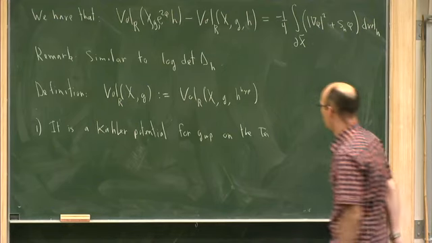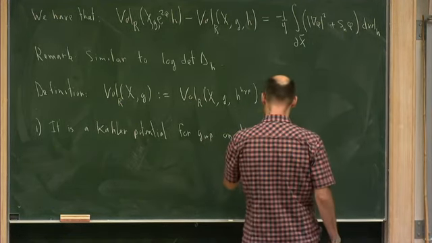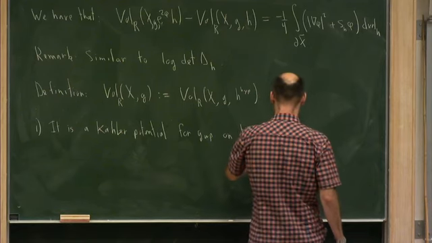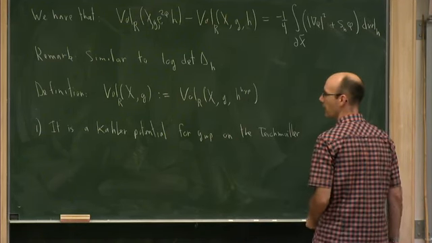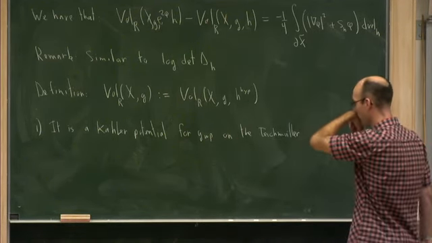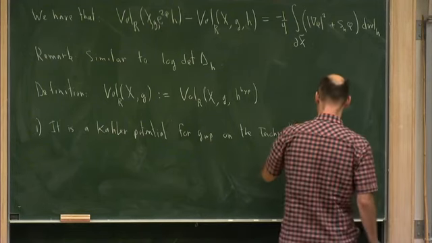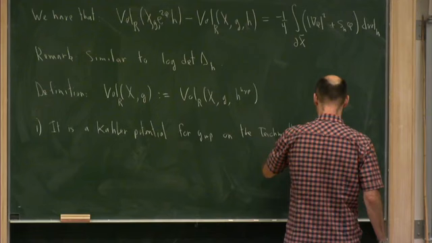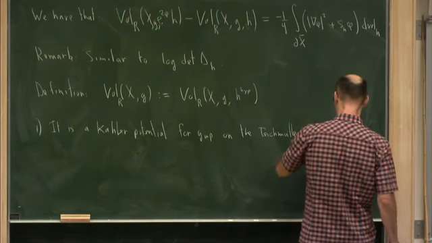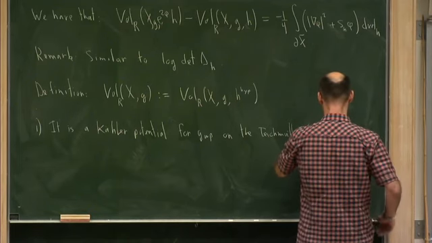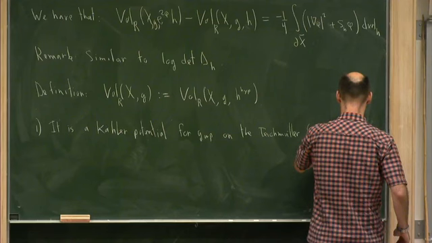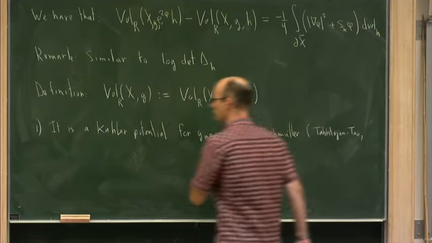So what I was about to say is it's a scalar potential on the Teichmuller space for the Weil-Petersson metric. It's due to various people, Takhtajan and also Krasnov.